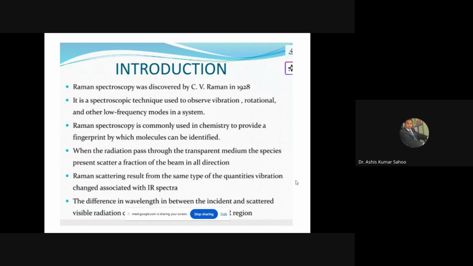Raman scattering results from the same type of quantized vibrational change associated with IR absorption. The difference in wavelength between the incident and scattered radiation corresponds to wavelengths in the mid-IR.